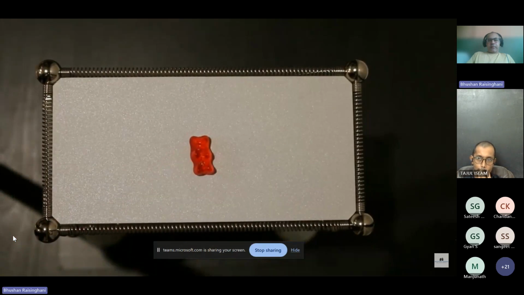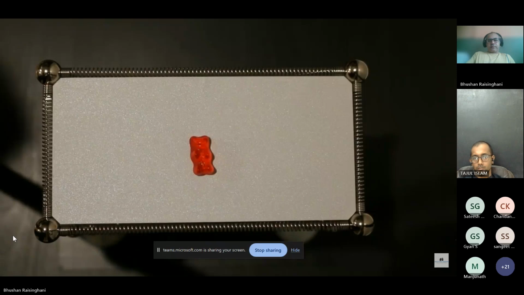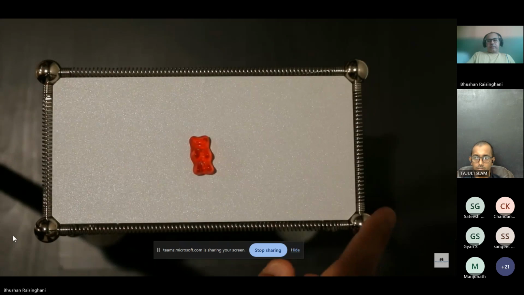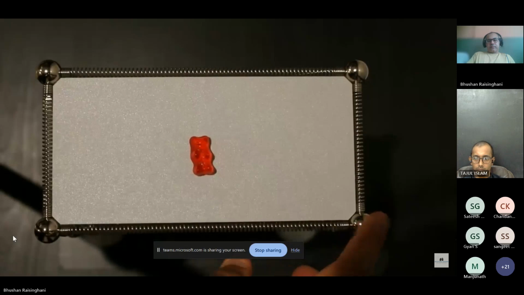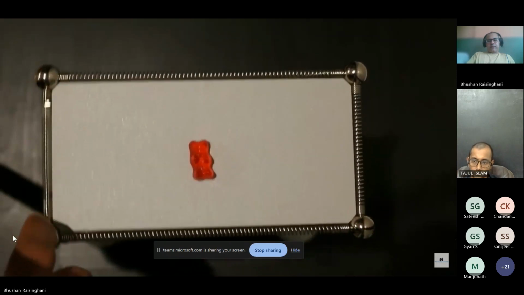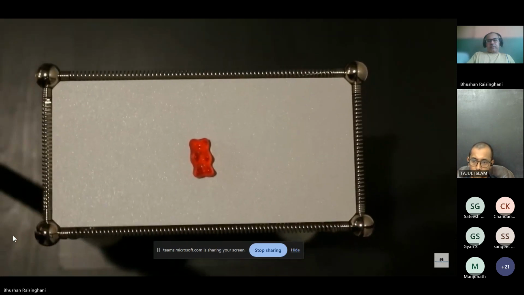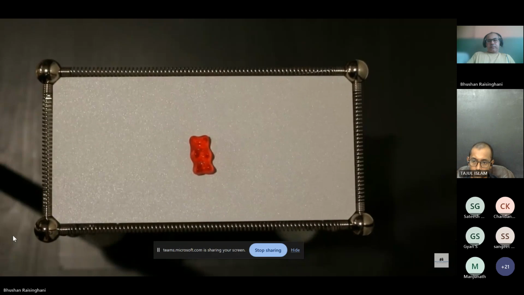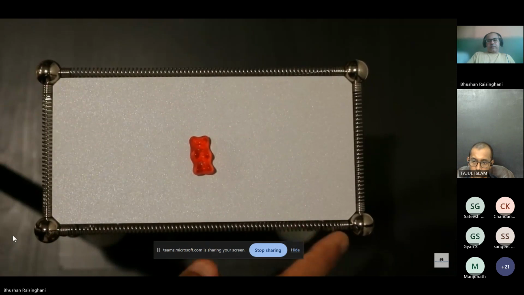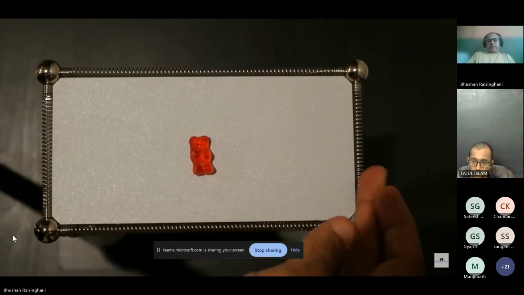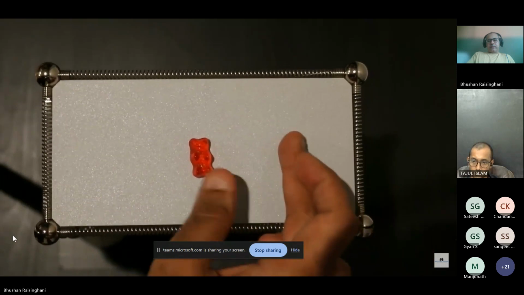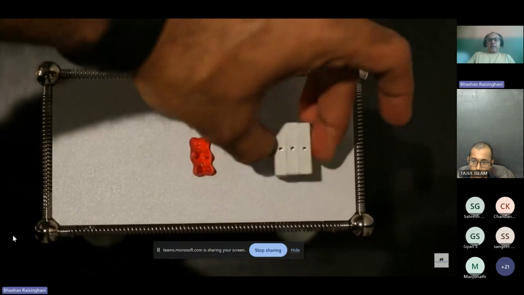This is the CM, center of mass. So this is the center of rigidity.